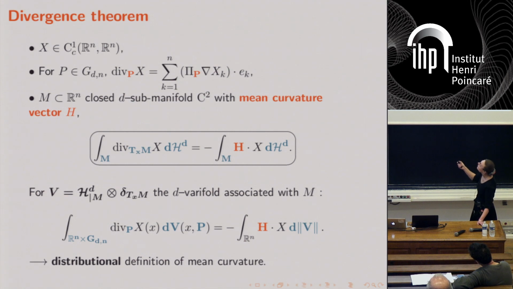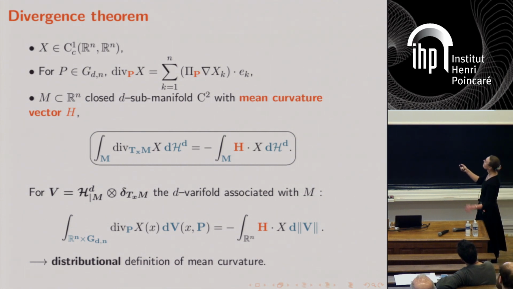But here you are in some surface that is not a plane object, and you have the mean curvature that appears and not 0 in the right-hand side, okay?